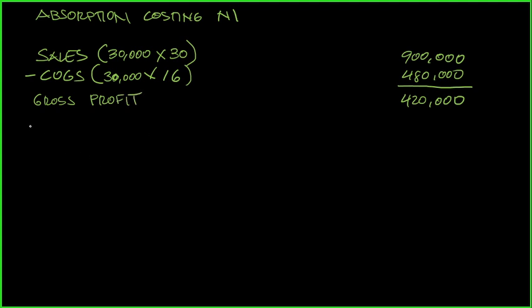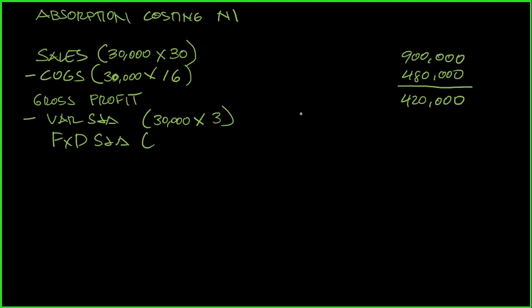Okay, from your gross profit, we deduct our expenses, your selling and administrative expenses, and we have two. You have the variable selling and administrative expense, and then you have your fixed selling and administrative expense. So magkano po ulit ito? You were able to sell 30,000. You multiply this by 3, so you now have 90, and this one is fixed.